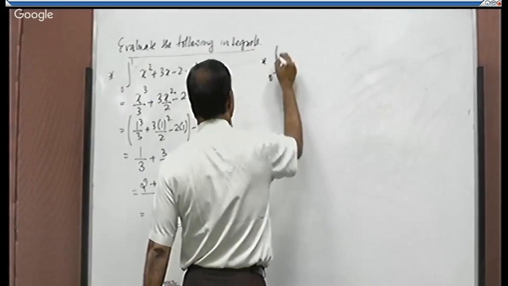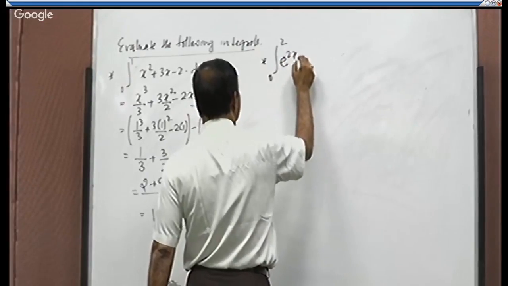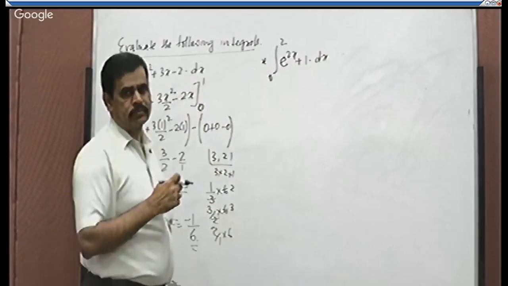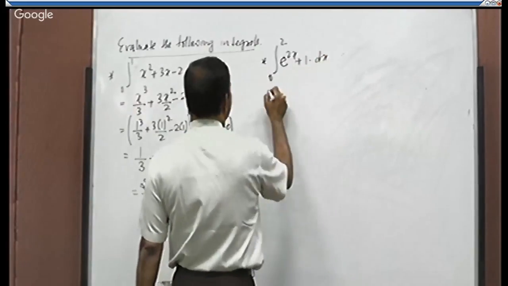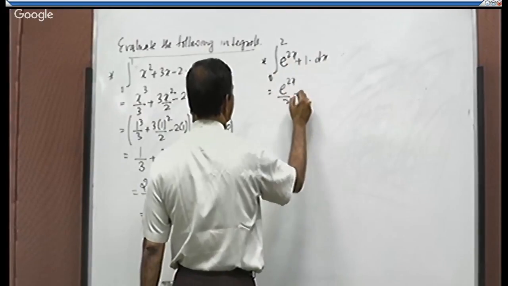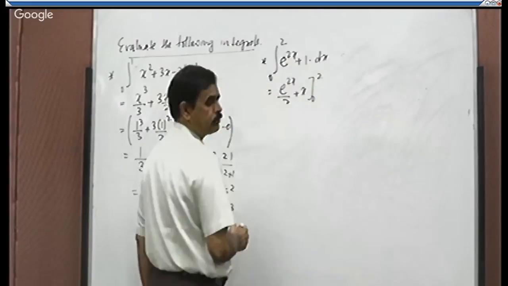Integration of 0 to 2, e to the power of 2x plus 1, into dx. So integration of e power 2x is what? e power 2x by 2, right? Plus for 1 it is x, limit 0 to 2.